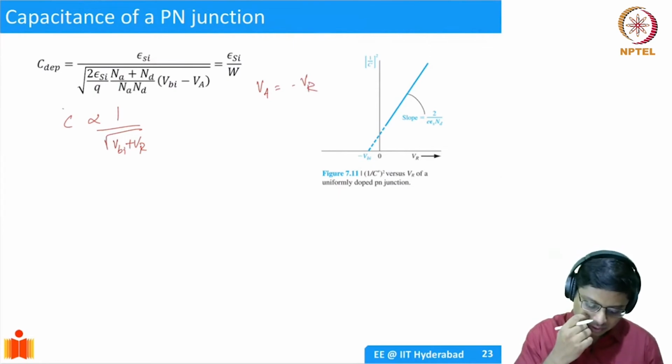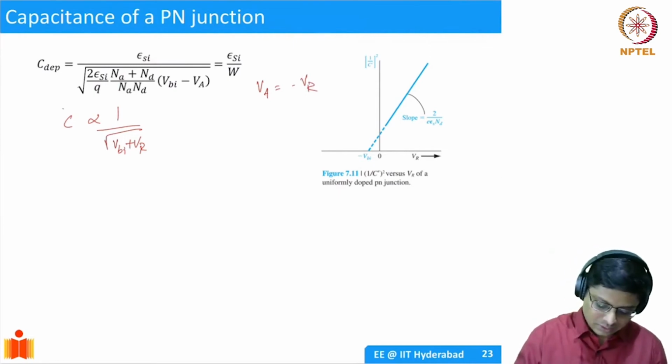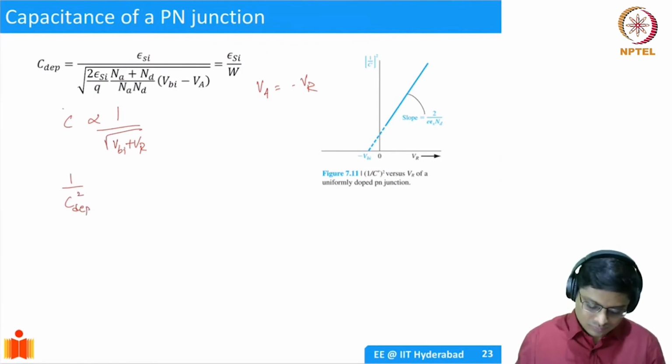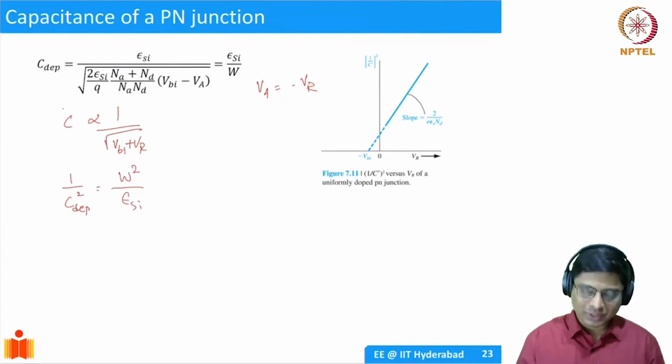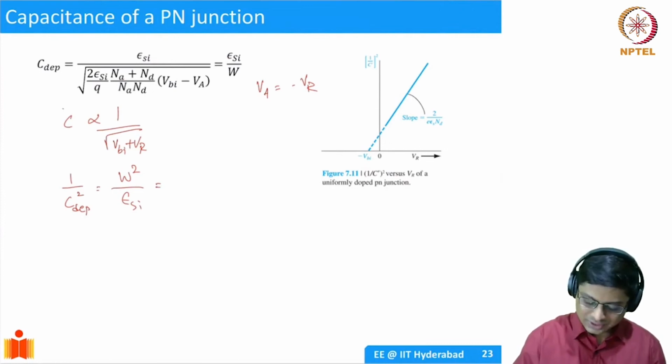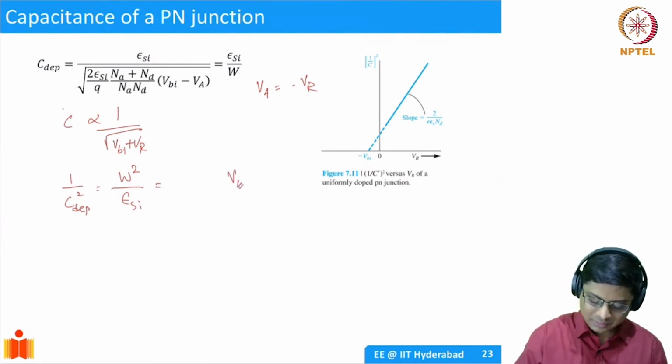Then I can compute 1 over C depletion square, which will have W square on the top divided by epsilon silicon. And if you do the full analysis, it's going to be some voltage, VBI plus VR, but then there's going to be some coefficient here, and that coefficient turns out to be this.